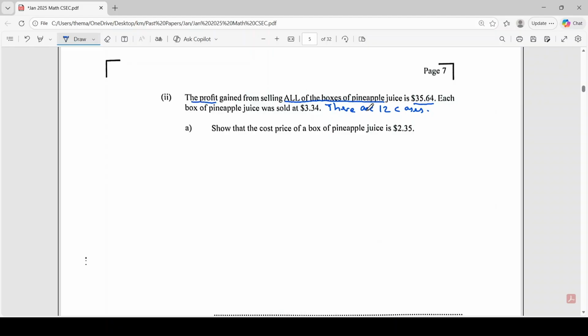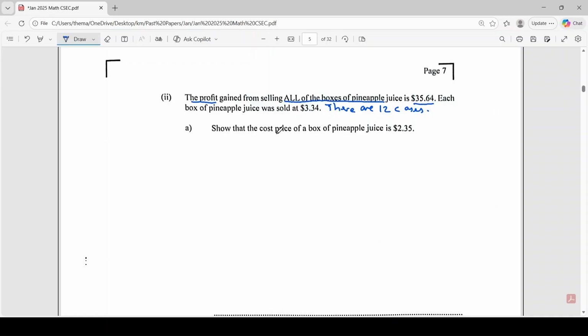Each box of pineapple juice was sold at 3.34. In this question they had an error, they left out a part. They're supposed to say that there were 12 cases. Show that the cost price of a box of pineapple juice is $2.35.